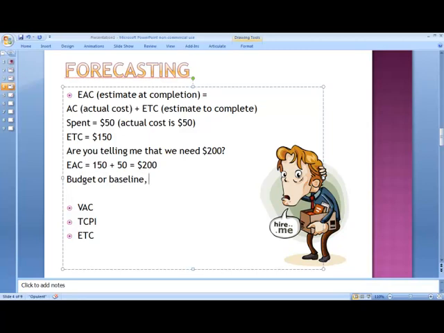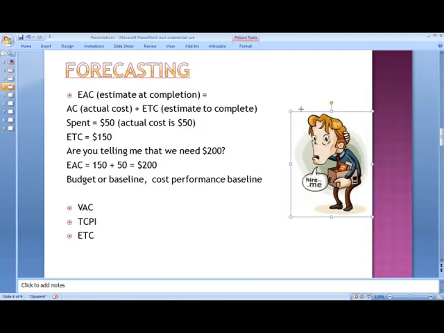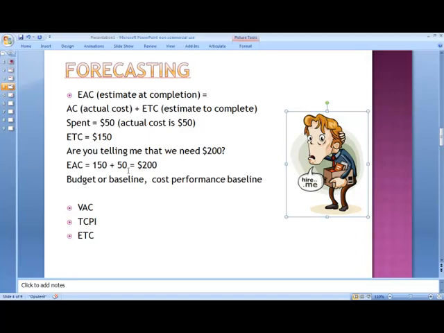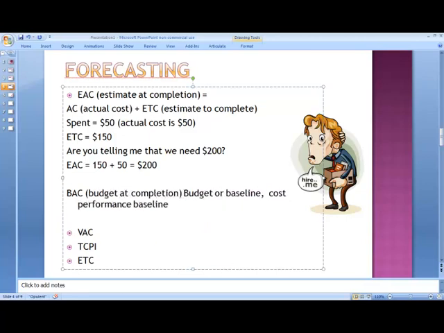Other people who are in the know would refer to this as the cost performance baseline, right? Because they know that over time you're meant to spend a particular amount of money, and in total you're meant to spend that huge sum. So he's going to go back to your budget, or your baseline, which is also known as BAC, budget at completion. Your budget at completion is just your budget for the project, that's all.